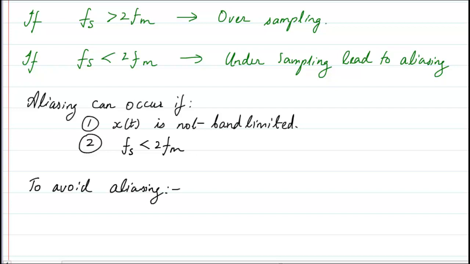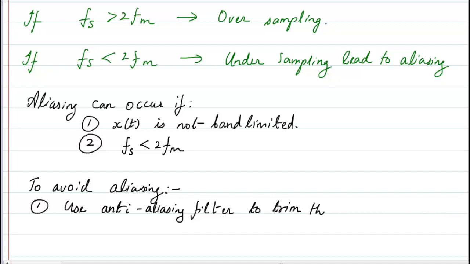To avoid aliasing, the first thing we do is use an anti-aliasing filter, and what does that do? It trims the bandwidth at some maximum frequency Fm.